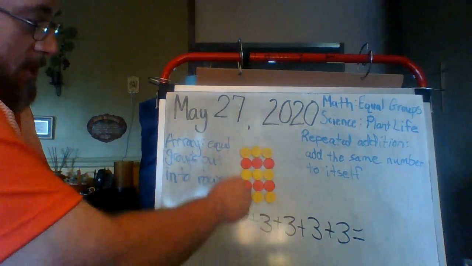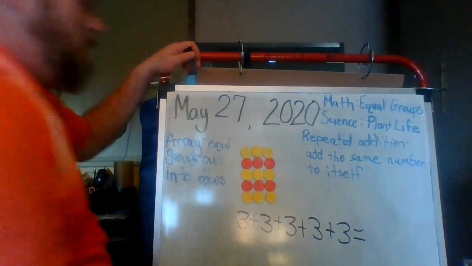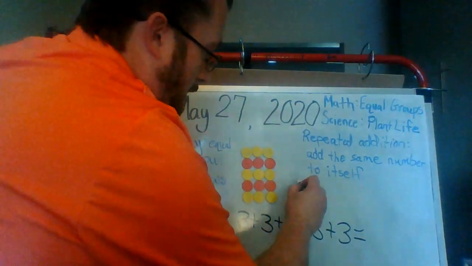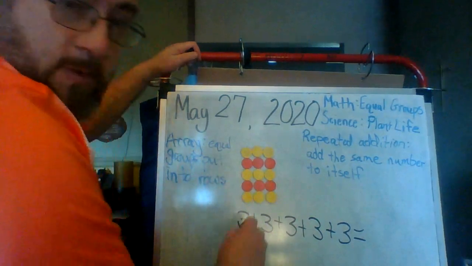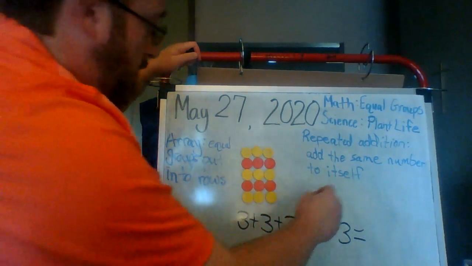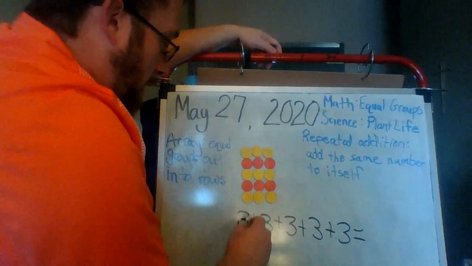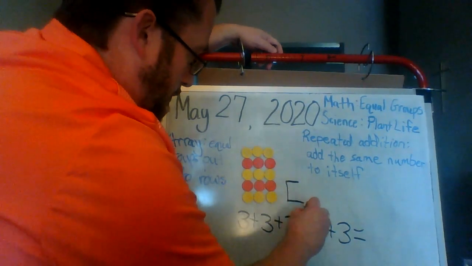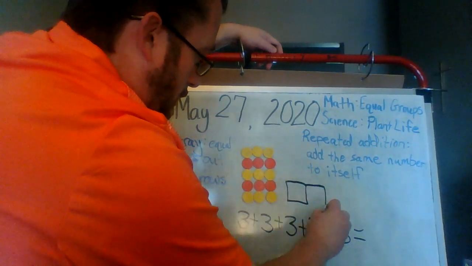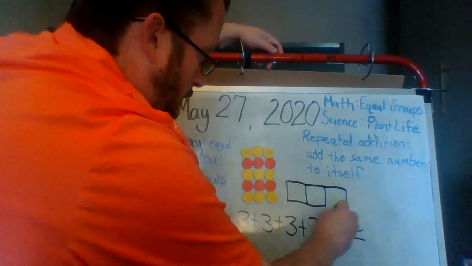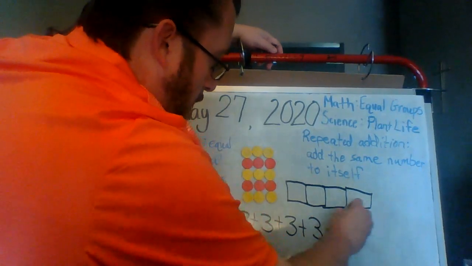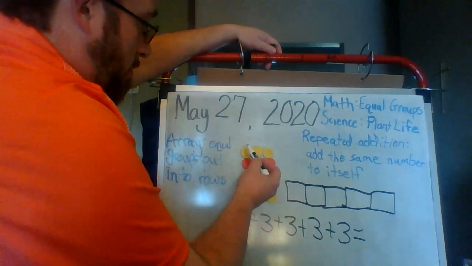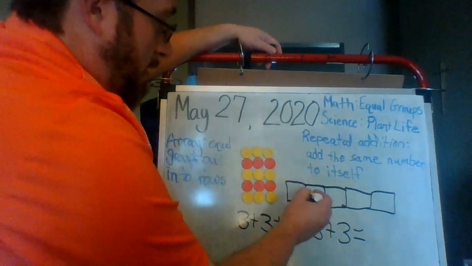Another way I can model this, or another way I can try to solve this, is I can build a tape diagram. Now when I make a tape diagram, I'm trying to see the best way to do it so you can see it. I'll do it up here. Each of these rows becomes a box. 1, 2, 3, 4, 5. I had 5 rows. I have 5 boxes.